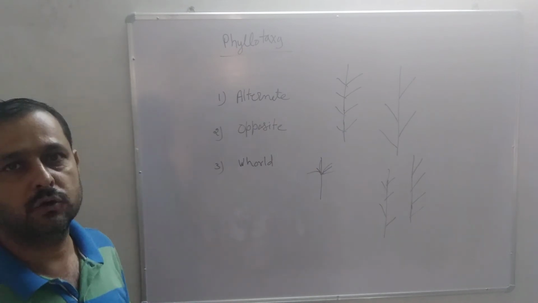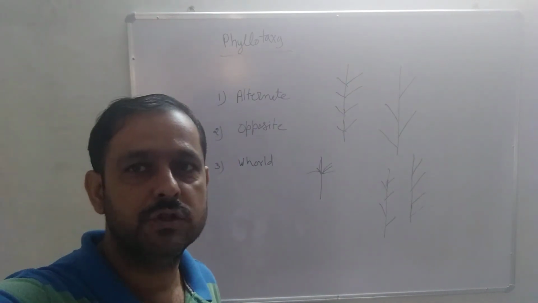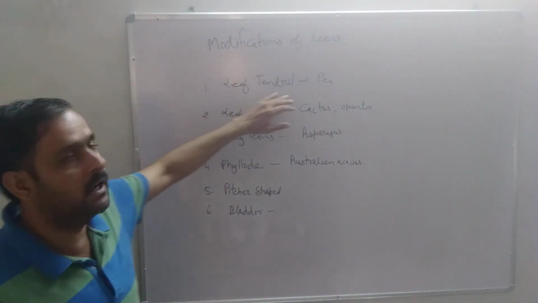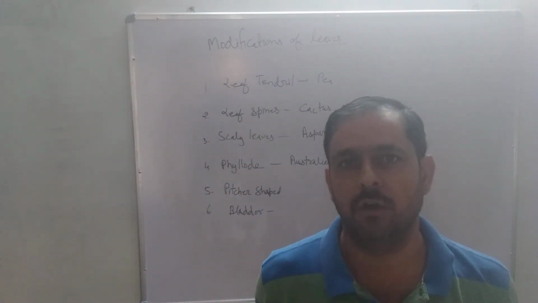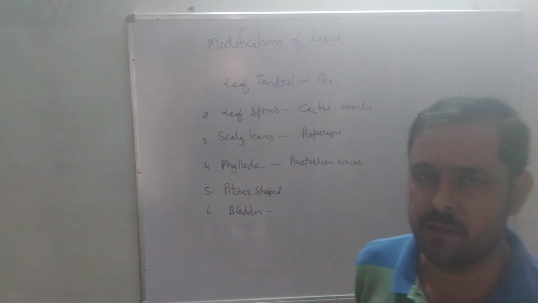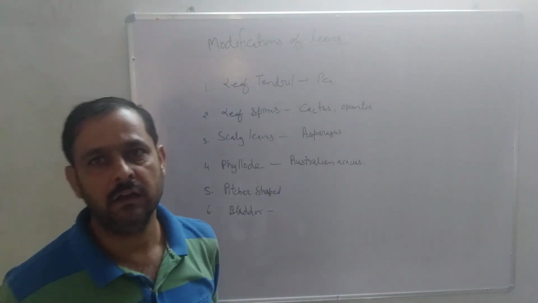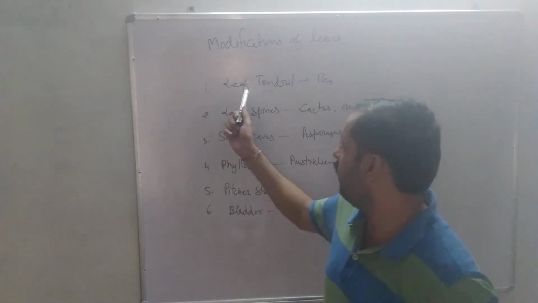Now our today's last topic is modifications of leaves. First, leaf tendril in pea. A tendril is a thread-like coiled structure which helps the plant in climbing to obtain sunlight to make their food by photosynthesis.